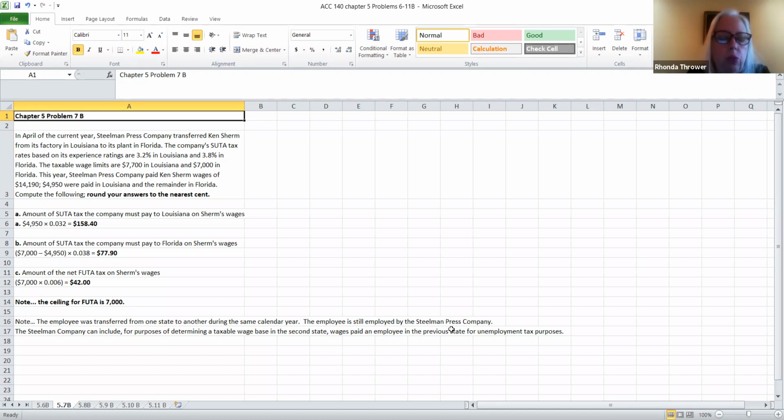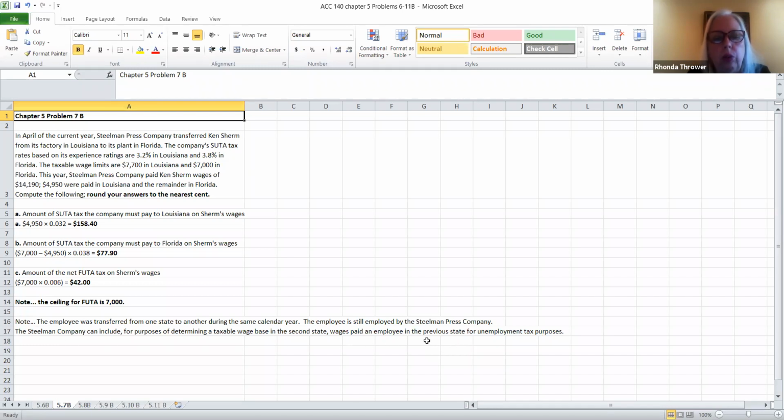They're just going from one state to another state. The Stillman Company can include, for purposes of determining a taxable wage base in the second state, the wages paid an employee in the previous state for unemployment tax purposes.